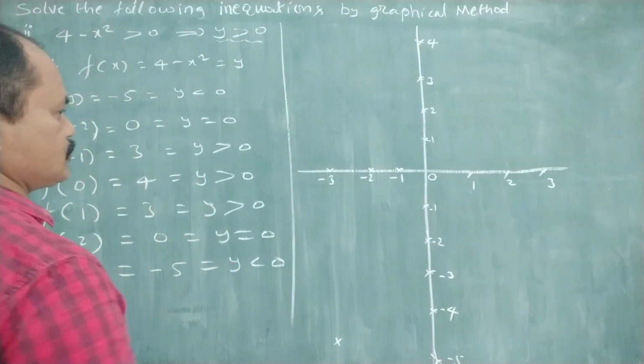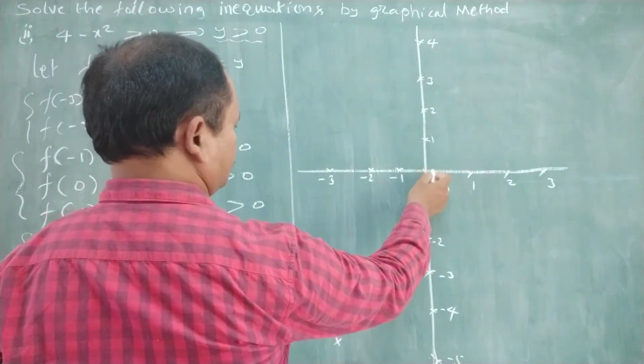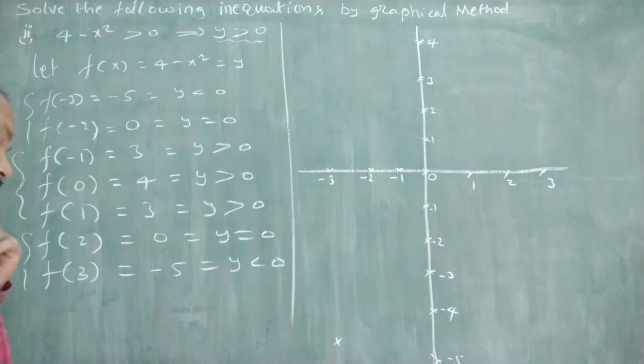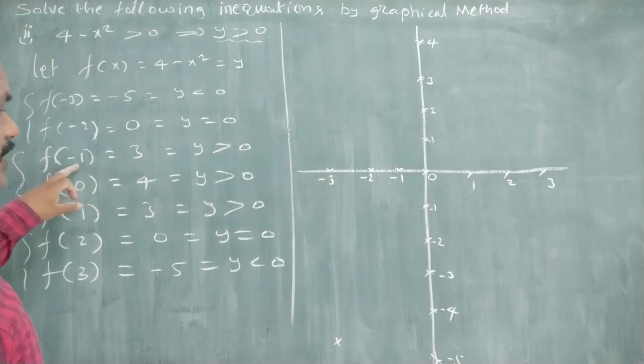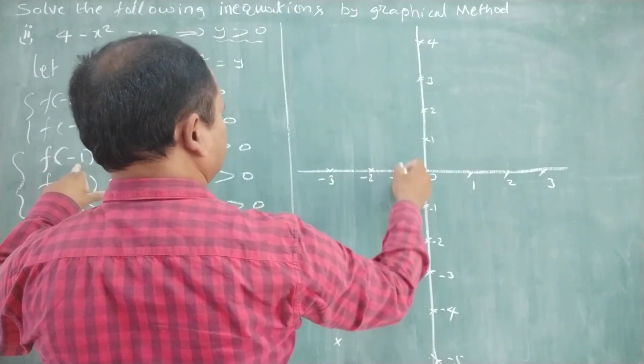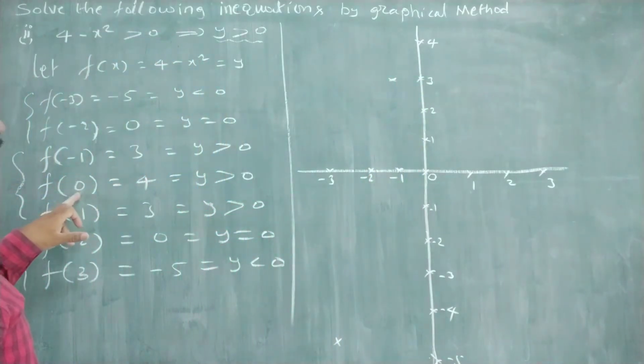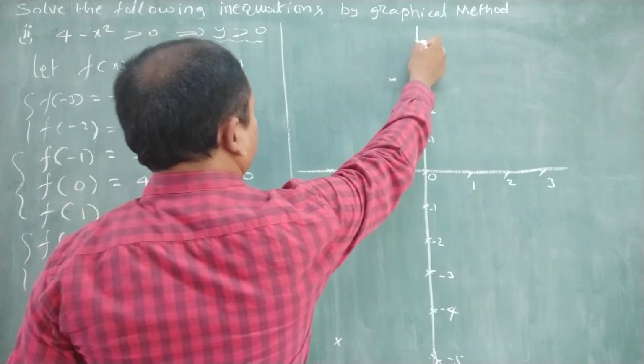Now f of minus 2 is 0. F of minus 1 is 3, and f of 0 is 4.